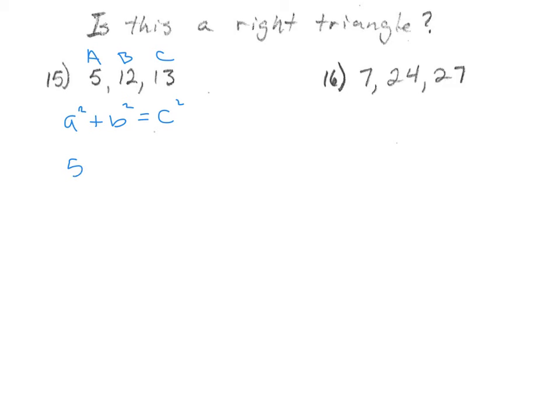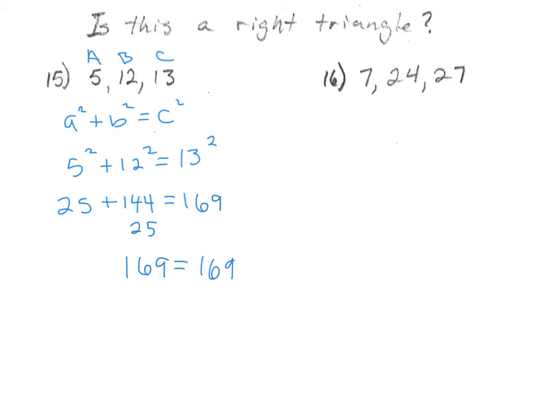So what I have here is 5 squared plus 12 squared has to be equal to 13 squared. 5 squared is 25, 12 squared is 144, and that's got to be equal to 13 squared, which is 169. So I'm going to add 25 plus 144, and I get 169. 169 is equal to 169, so yes, this is a right triangle.